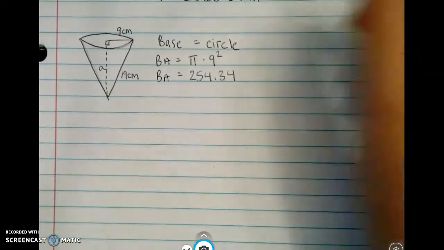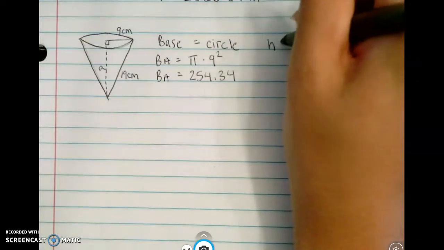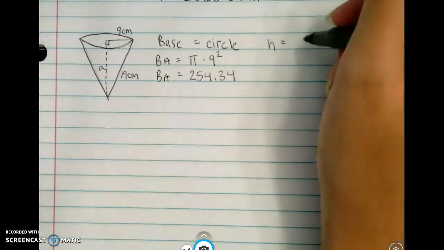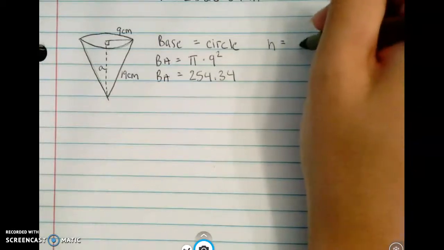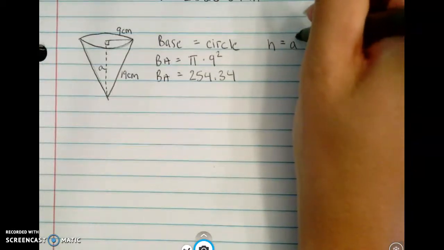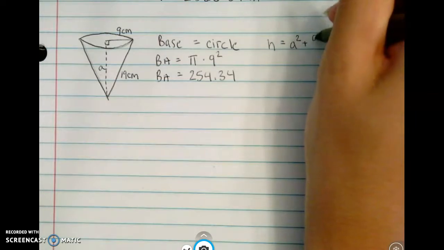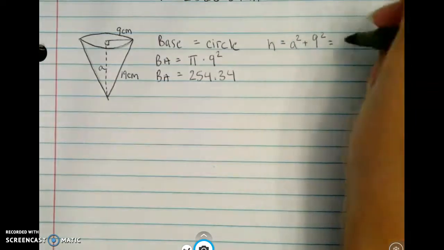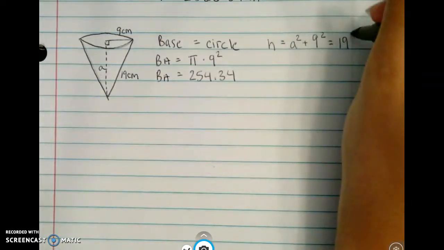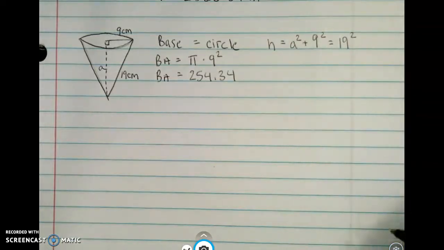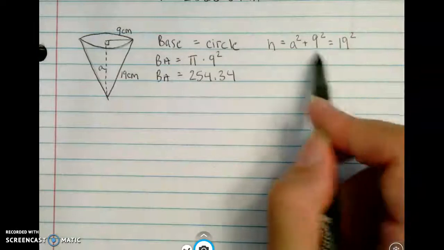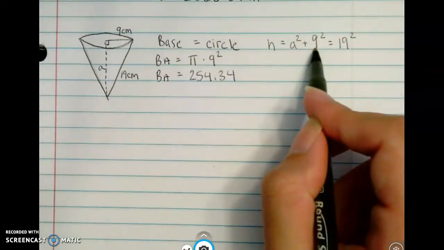So we are going to use the Pythagorean theorem to solve for A. So we're looking at the height, which we're going to find from the Pythagorean theorem. So A squared plus B squared equals the hypotenuse, or C squared. So I'm going to do 19 squared, and subtract 81.